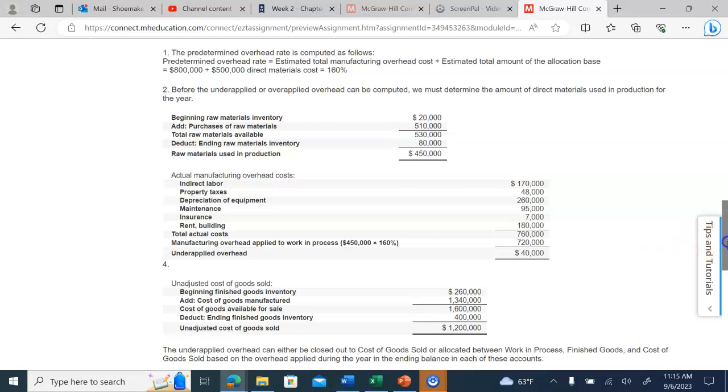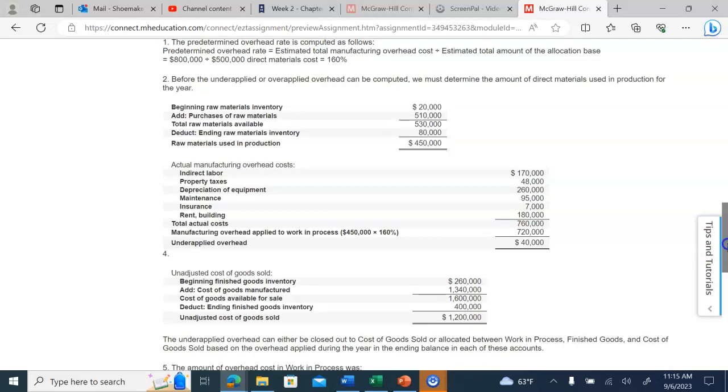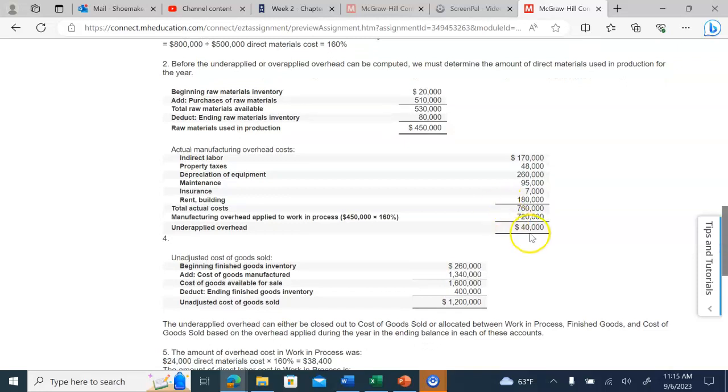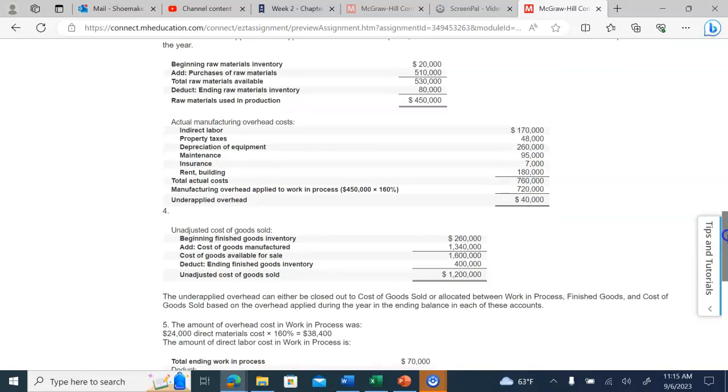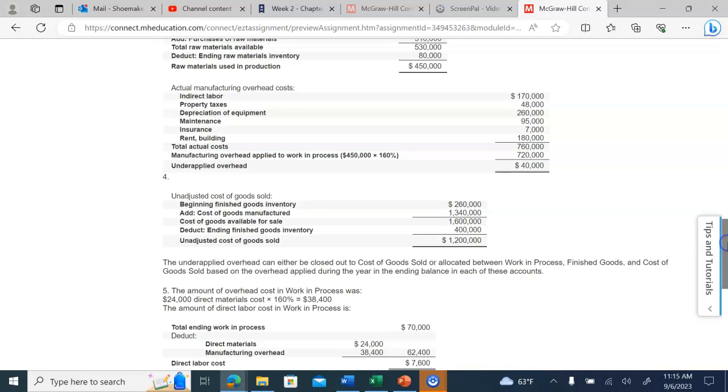Okay, so in this case, our underapplied overhead here is 40,000. For the cost of goods sold before the underapplied amount, you start with your beginning finished goods, you add what was manufactured, subtract your ending finished goods inventory to find out what was sold.